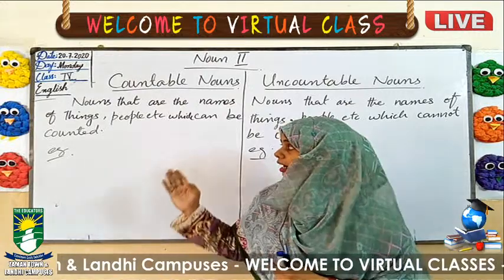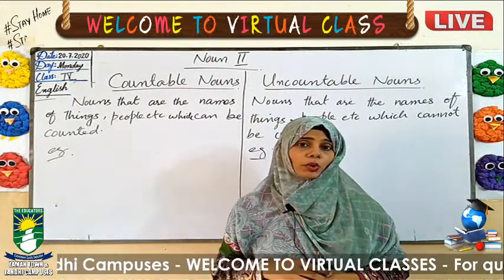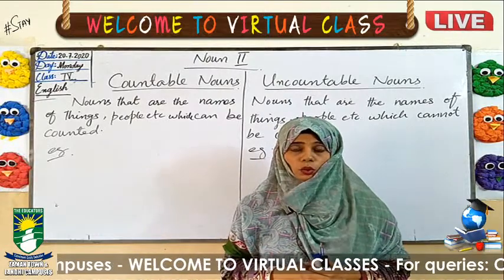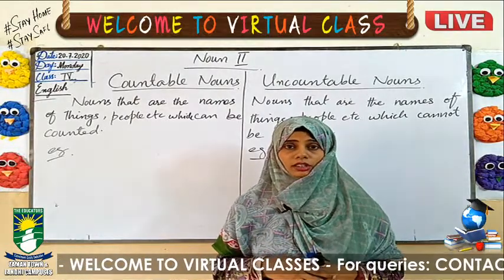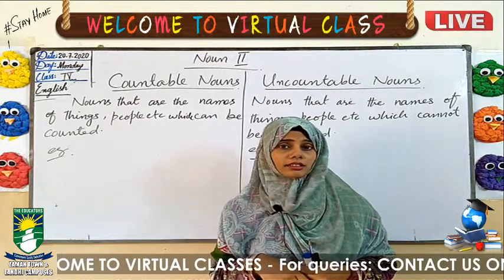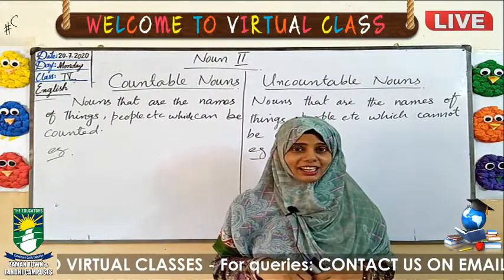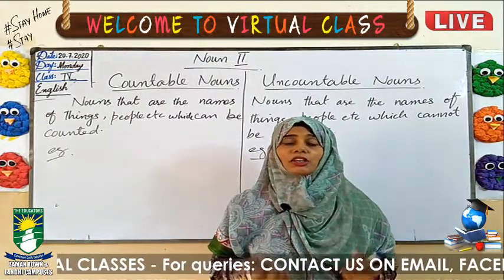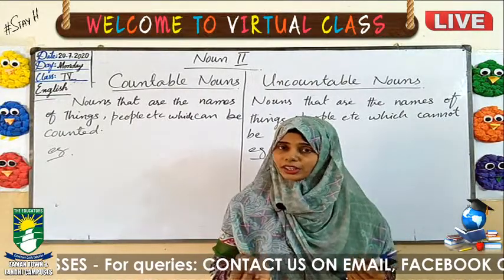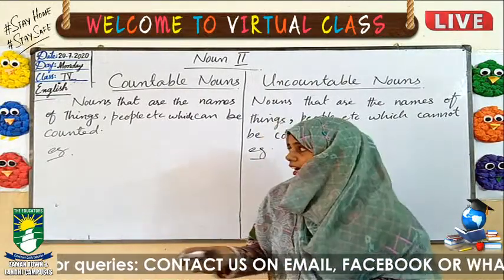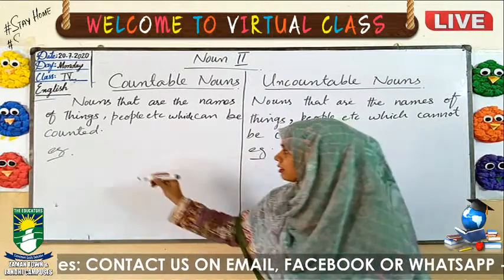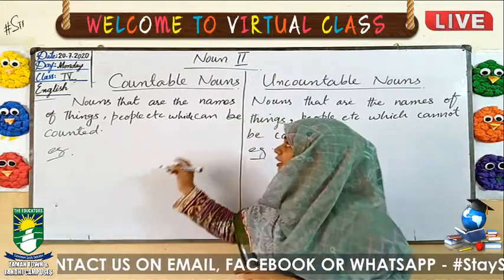Well, I am starting to write on the board my example, which I can count. You have to write your answer in your comments right now, the names of things which you can count. Well, I can count mobiles. So I am writing. Okay?